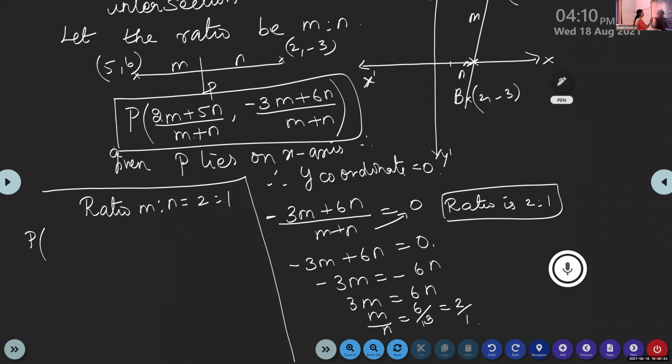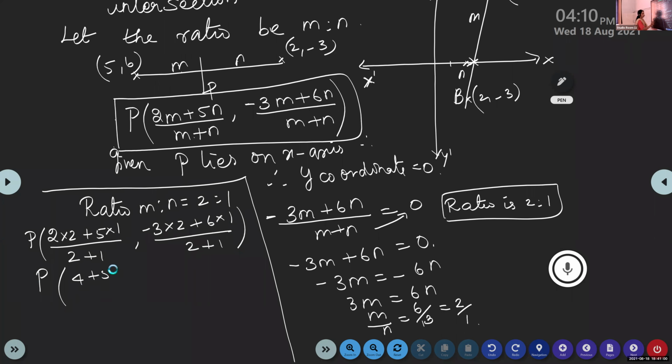Okay, when you substitute, 2 into 2 plus 5 into 1 by 2 plus 1. Similarly, for the next one, minus 3 into 2 plus 6 into 1 by 2 plus 1. So we get 4 plus 5 by 3, and minus 6 plus 6 by 3.